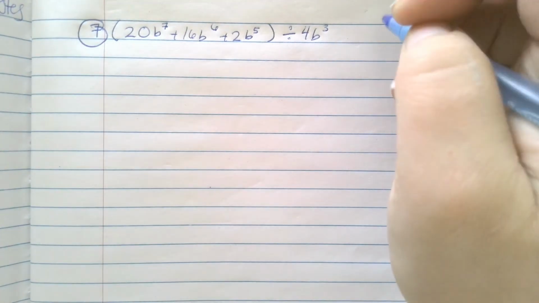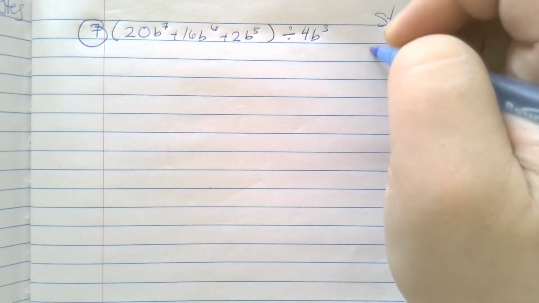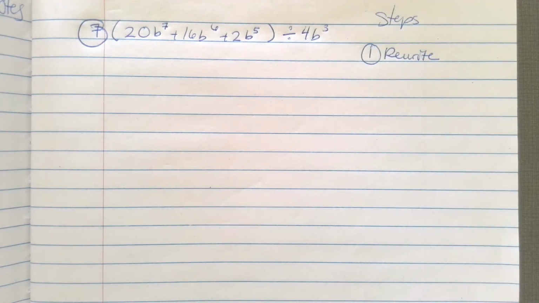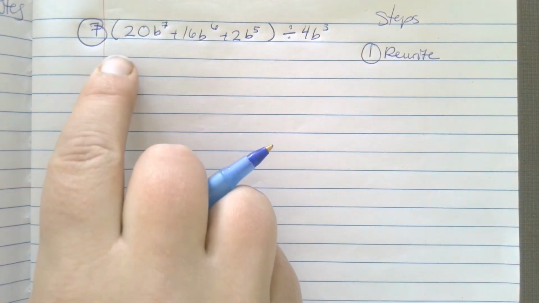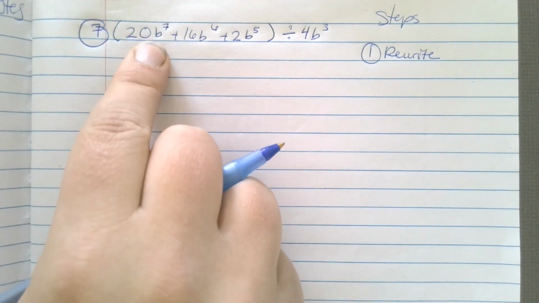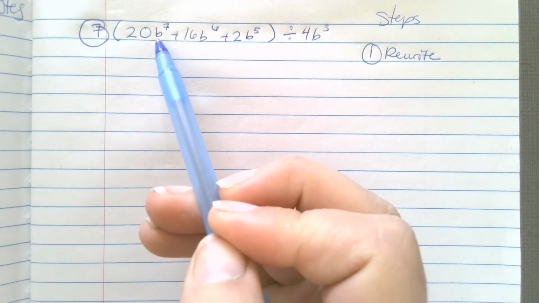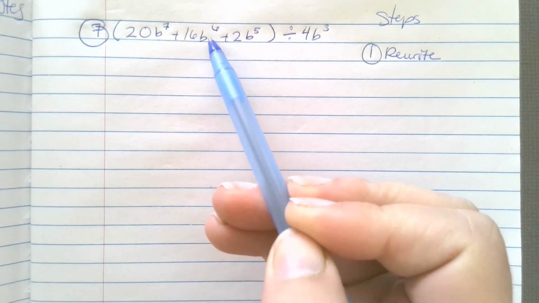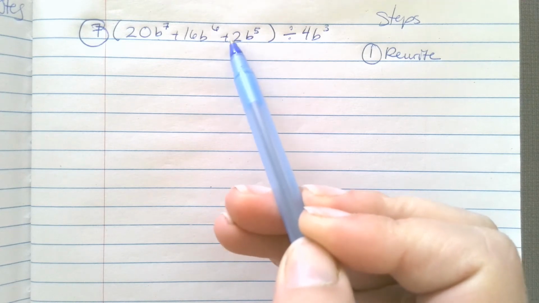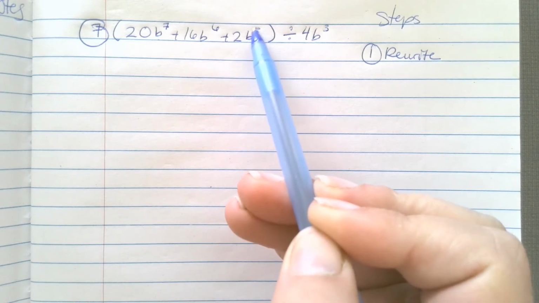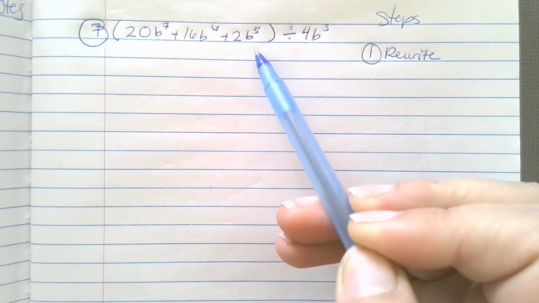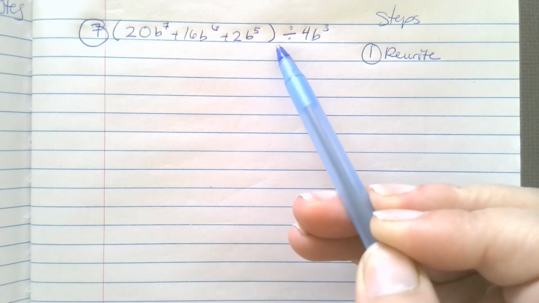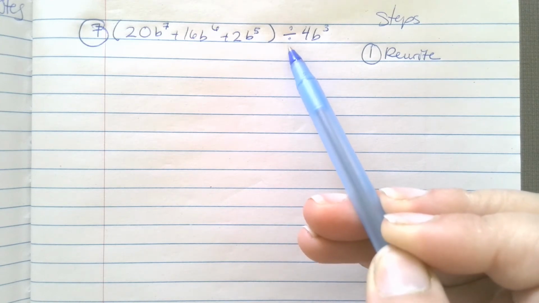The first thing I want you to do is rewrite it. I'm going to show you how. What's the first installment? 7. B to the 7 plus 16 B to the 6th plus 2B to the 5th, close parenthesis, division sign, 4B cubed.